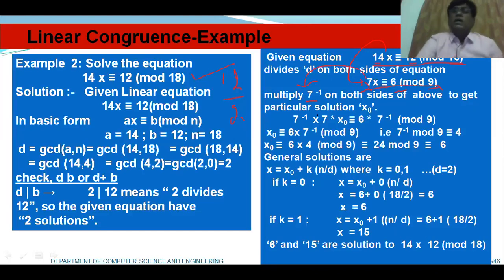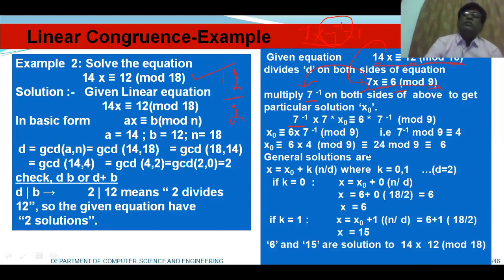What is the multiplicative inverse of 7? The multiplicative inverse of 7 means if you multiply 7 and 7 inverse, you should get the value 1. You already know how to find the multiplicative inverse.